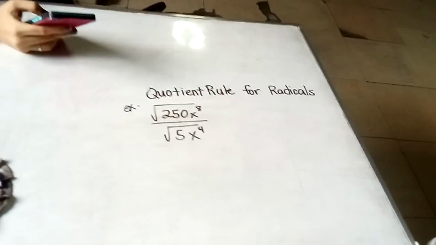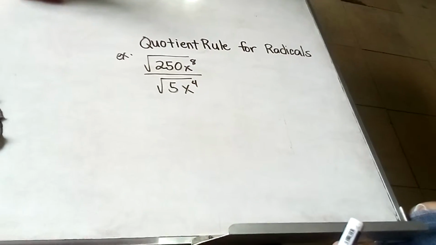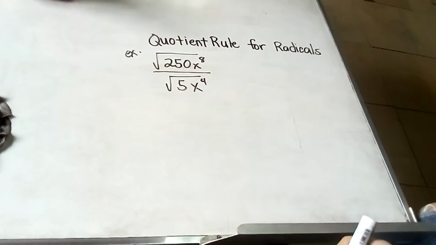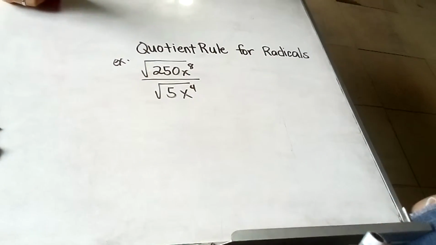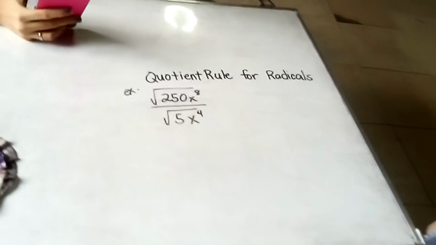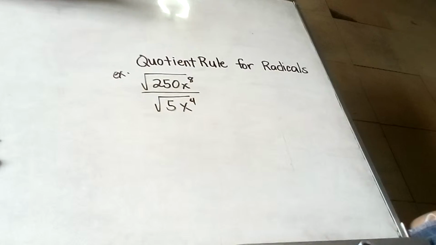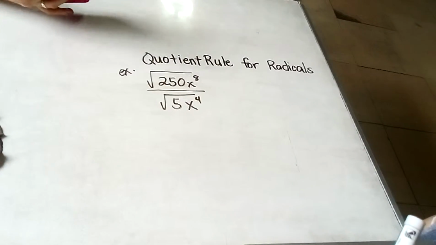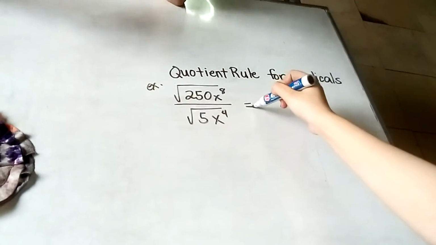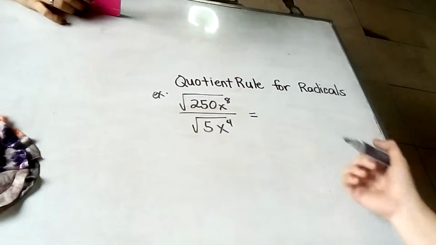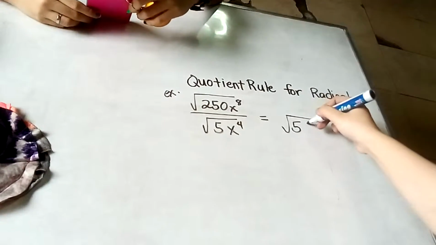Square root of 250 x to the 8th power divided by square root of 5x to the 4th power. To answer this, since it has the same index again, it is equal to 250 divided by 5, so it's the square root of 50.